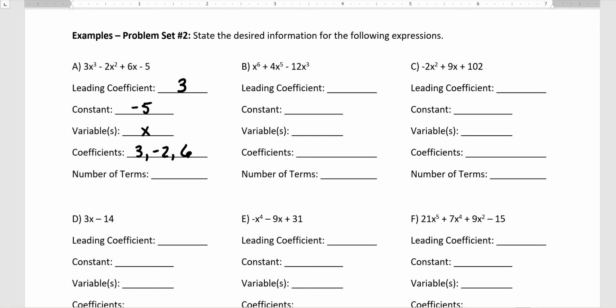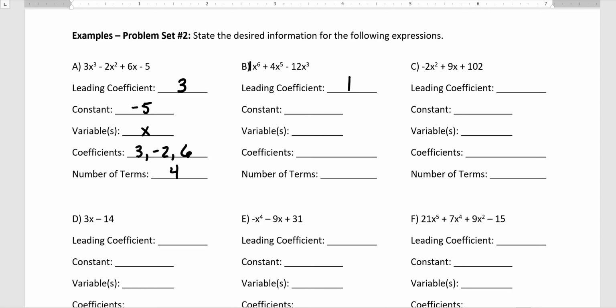How many terms do we have? Now, terms is just what's being added or subtracted together. We add or subtract 1, 2, 3, 4. 4 terms here. All right, let's look at B, the leading coefficient. Well, the term with the highest degree is x to the 6th. It doesn't have a coefficient there, but we know then that means 1 is what we're multiplying by up front.